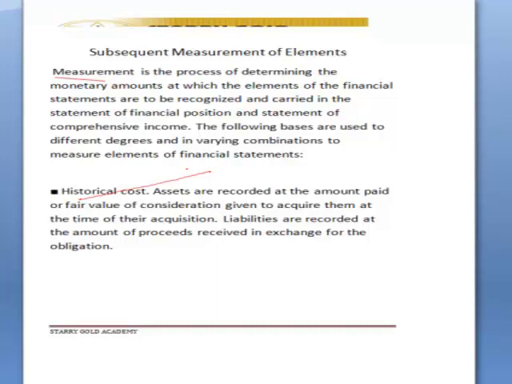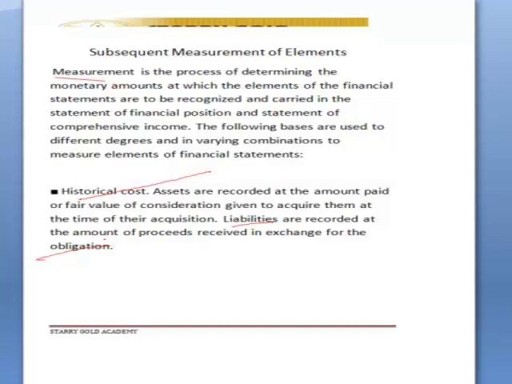Under historical cost, assets are recorded at the amount paid or the fair value of consideration given to acquire them at the time of their acquisition. On the other hand, liabilities are recorded at the amount of proceeds received in exchange for the obligation. That is when we'll be using historical cost.